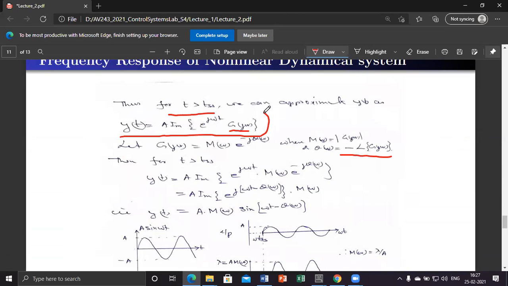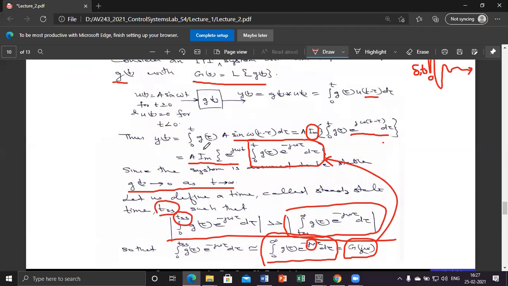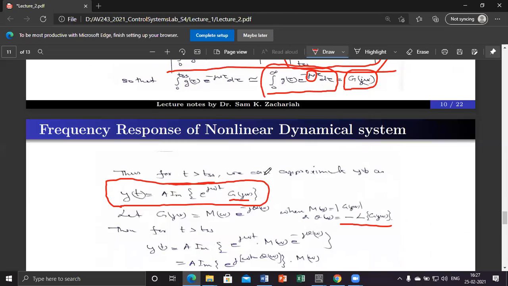Under steady state condition, once you ensure that all the transients have settled down, then you can say that y(t) is equal to A imaginary part of e^(j omega t) G(j omega). But otherwise, if still in the transient phase, you cannot use this simplified formula. You have to use this exact formula.